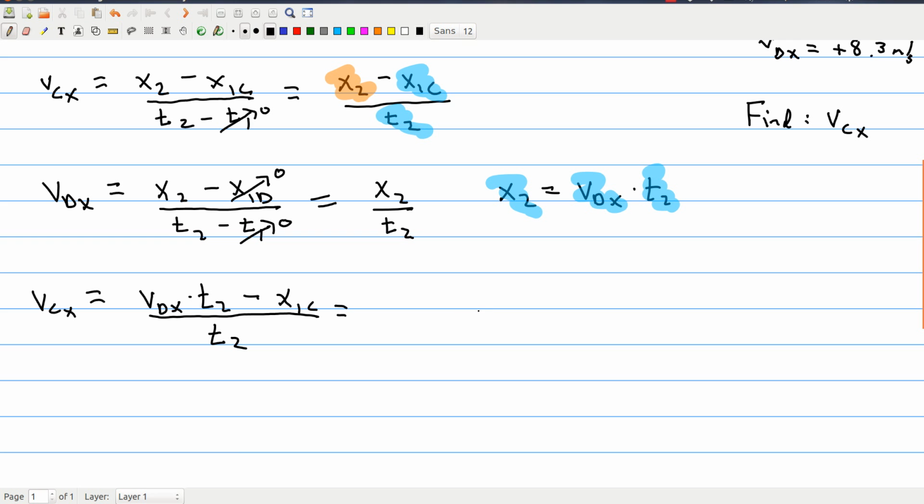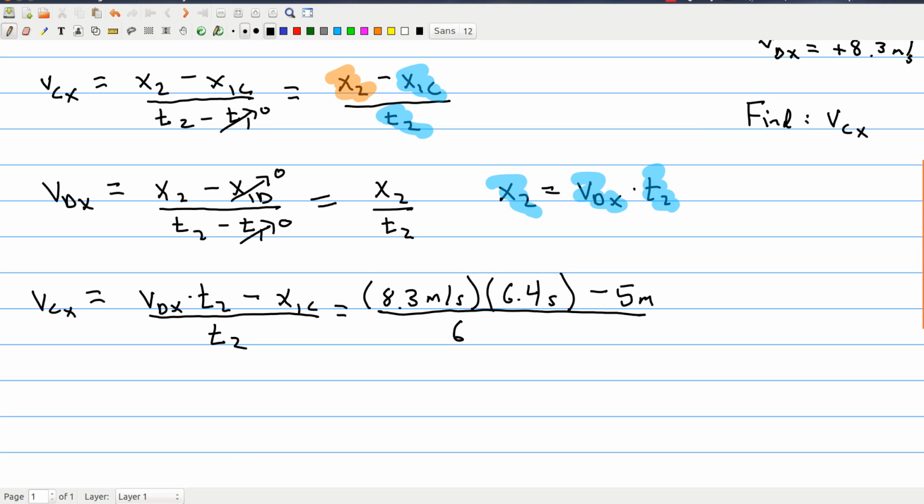I can start plugging in numbers for my version of the problem. So I had 8.3 meters per second was the dog's velocity. T2 was 6.4 seconds. The cat started at 5 meters.